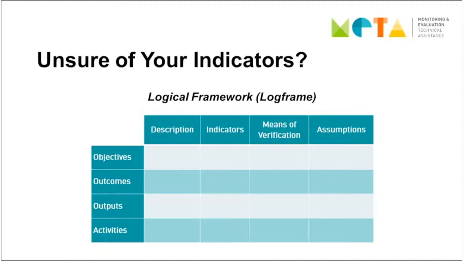It's another type of logic model, so similar to a theory of change diagram in that way, but in this case it uses a table or a matrix format summarizing the key elements of a project strategy and how we're going to measure the progress in that indicators column, the source of data or means of verification, and then any assumptions needed for success of the project.